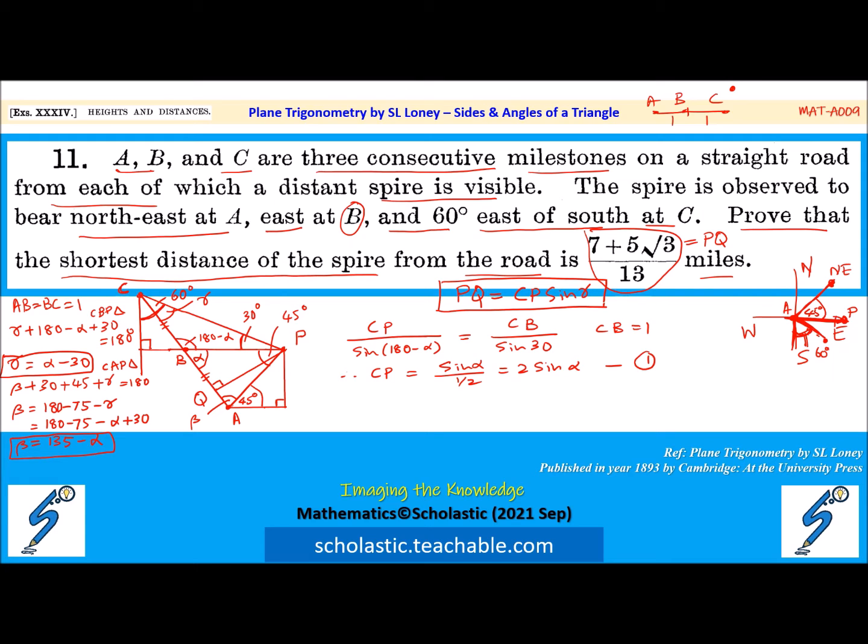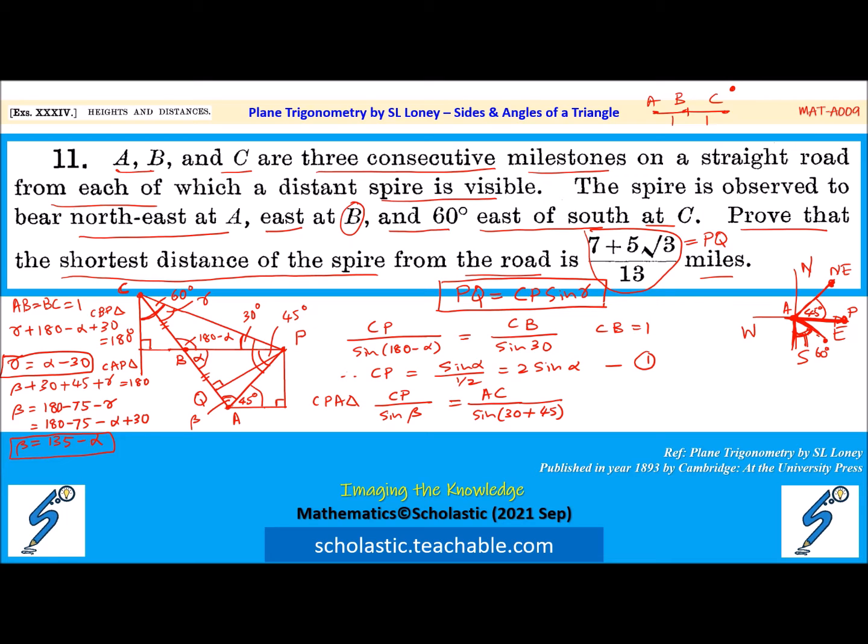Also, we can write an equation for CP using triangle CPA. In that case, CP over sine beta is equal to AC over sine of 30 plus 45, this large angle here.